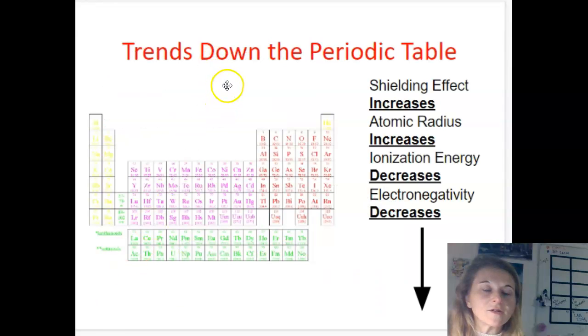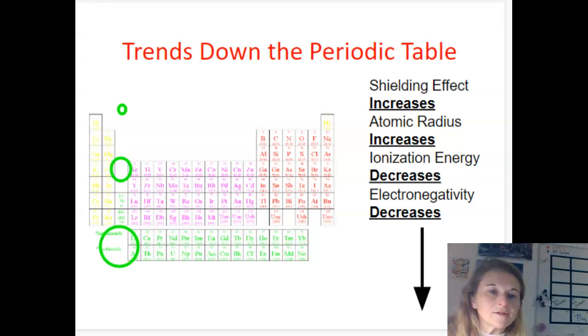Okay, so here we are looking at trends going down the periodic table. We're going to do the same thing. I'm going to bring up my drawing tools here. And so let's see, we had green for our atomic radius. And so we're going to draw a small one up here and a little bigger going down and a bigger one down here.